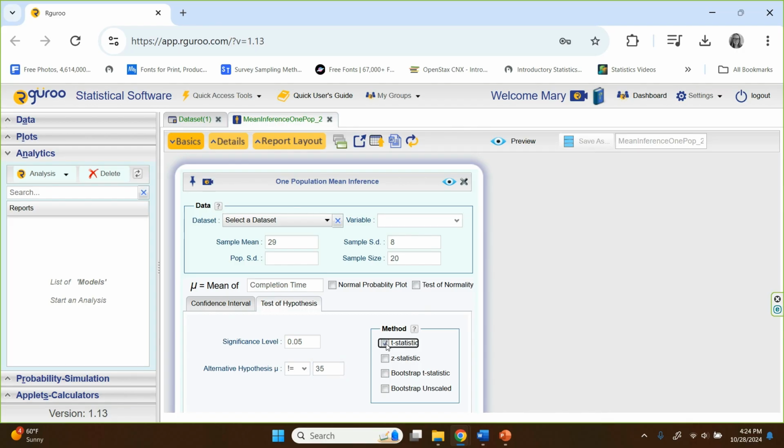Because we were not given a population standard deviation, we have to settle for the sample one, and we know that we can rely on some normality from the population. All right, I think we've got everything we need. And let's hit preview.